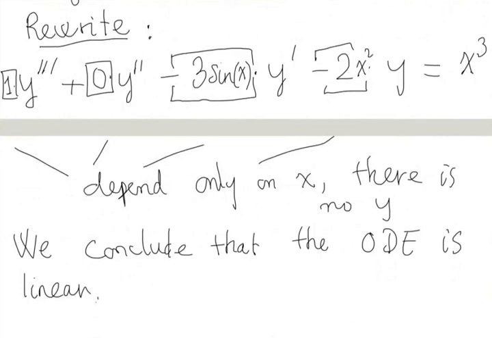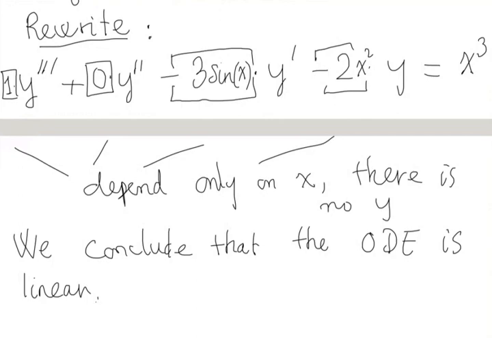So in the next chapter, when we learn about solving first order differential equations, we will see that for linear equations, we have a method to do so. For nonlinear equations, they are more difficult, and we need to study various methods to solve them.